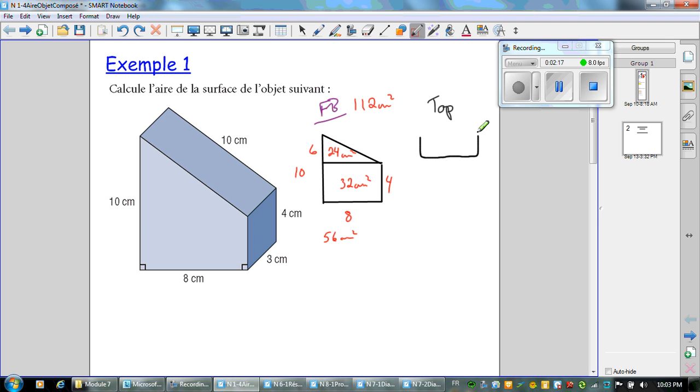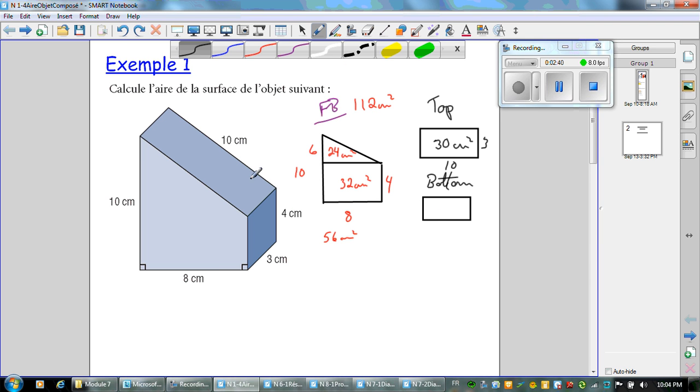So the top is a longer rectangle because it has a dimension of 10 by 3, which would give it a surface area of 30 centimeters square, while the bottom is also a rectangle, but it only has dimensions of 8 by 3, which is 24 centimeters squared.